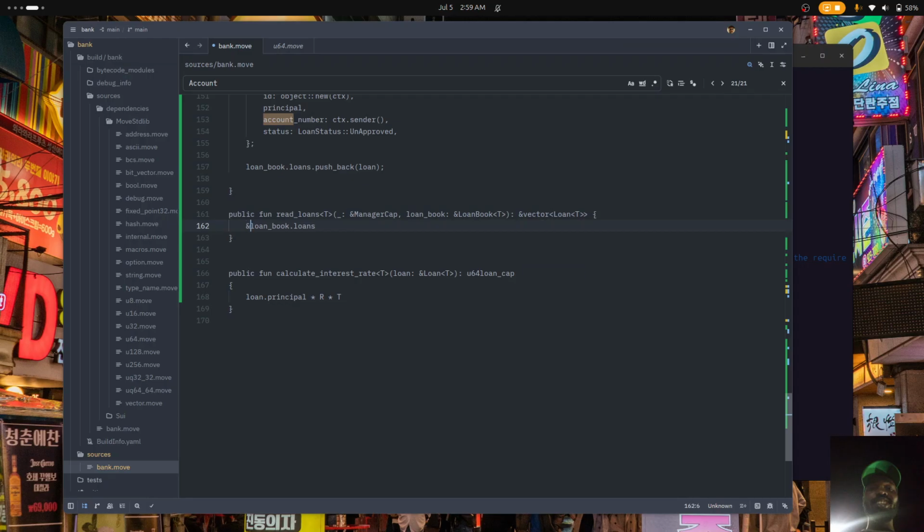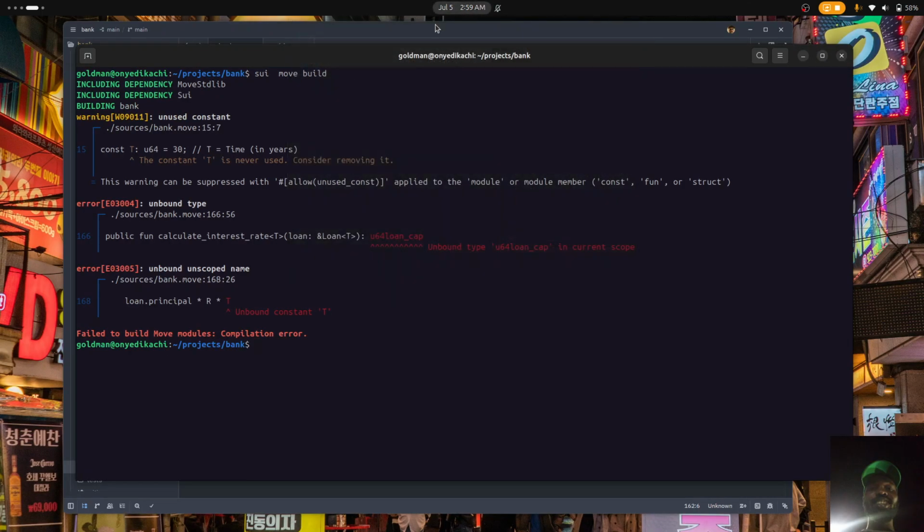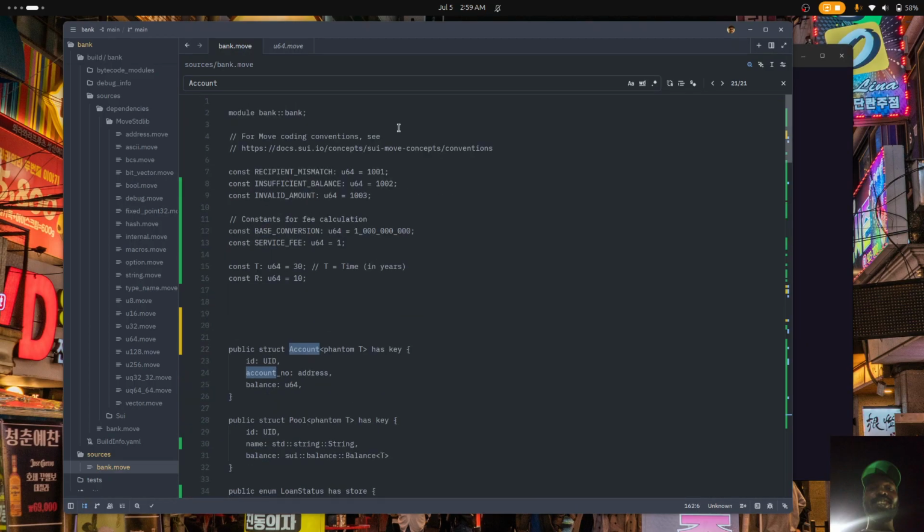Alright, it should work. Okay, so it's telling me unbound constant T. Okay, is it constant T? Yeah, exactly this one.